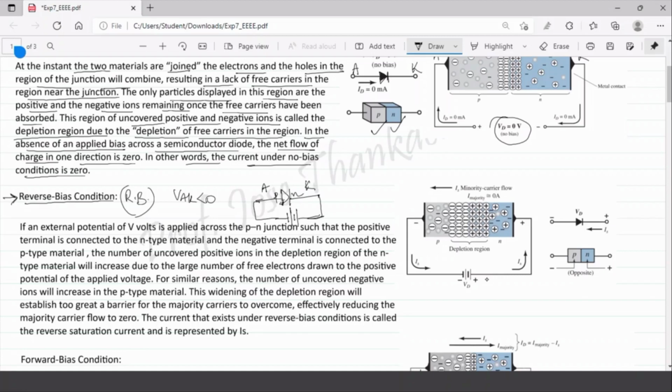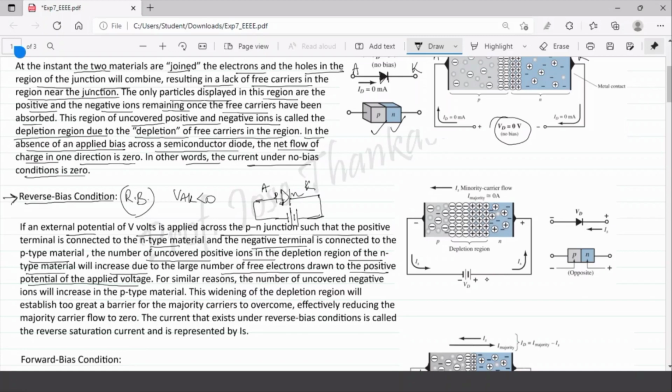Whenever an external potential is applied such that positive is connected to N and negative is connected to the P-type material, the number of uncovered positive ions in the depletion region of the N-type material will increase due to the large number of free electrons drawn to the positive potential of the applied voltage.